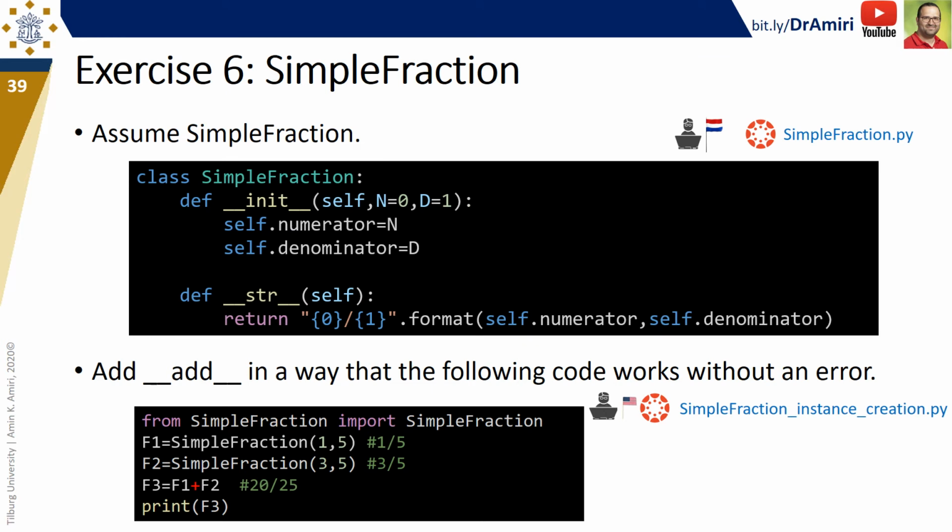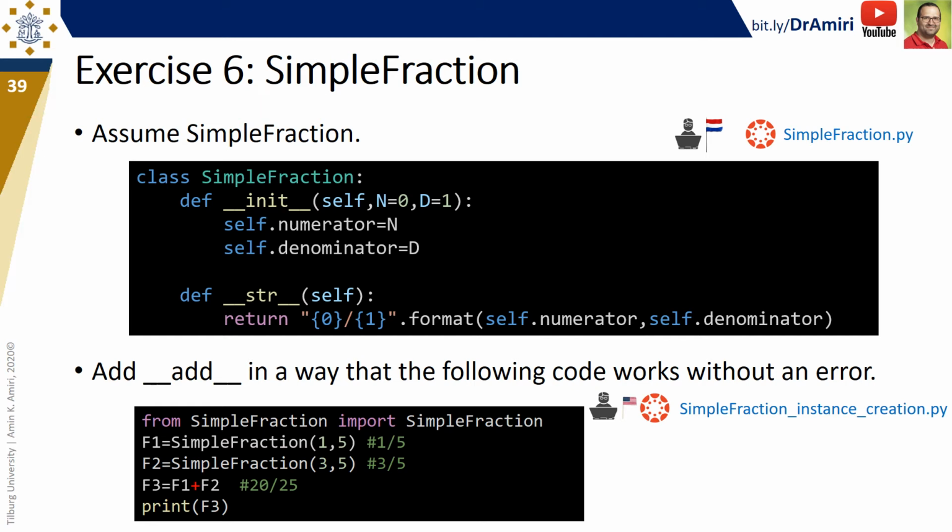Assume that the Dutch programmer already delivered a class called SimpleFraction to the American programmer. The SimpleFraction class has an initializer that creates two attributes for an instance of this class, numerator and denominator. If the two arguments n and d are not provided, the fraction is going to be 0 over 1.